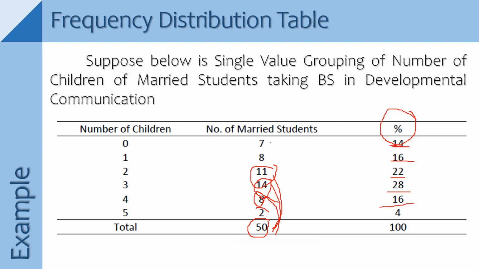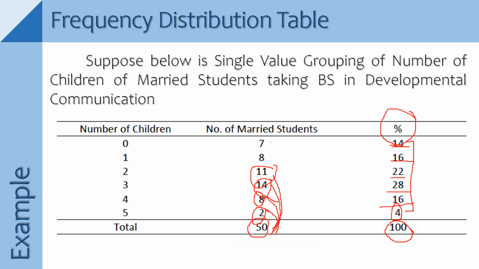And the last one, 2 divided by 50, so that is 4. So this is 14%, 16%, 22%, 28%, 16%, and 4%. If we add those percentages, we will get 100%.